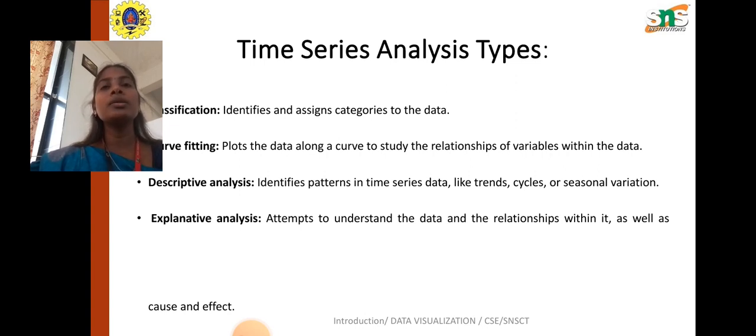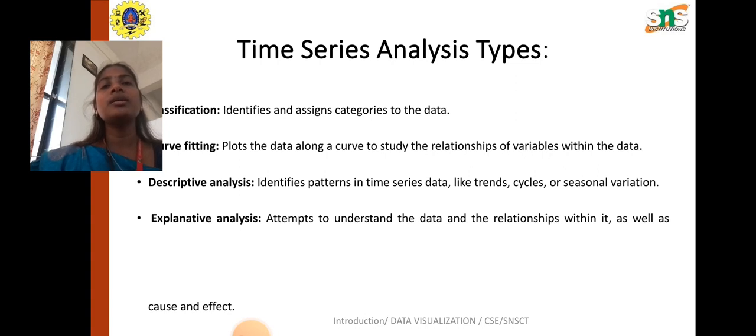If the output is a curve, that is called curve fitting. Here we plot the data along a curve to study the relationship of variables within the data. We connect the two data, so it becomes a relationship, connecting x to y or y to x.